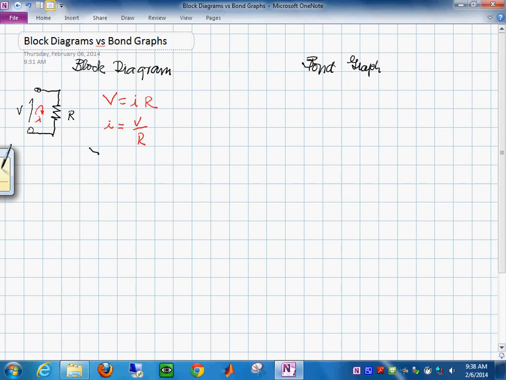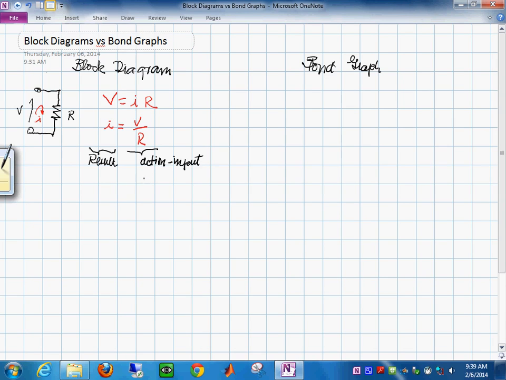Or you may say, why don't we say this result, and then this would be the input or the action. Let's call it action, or also call it input.